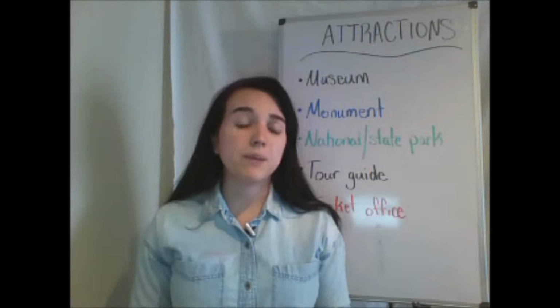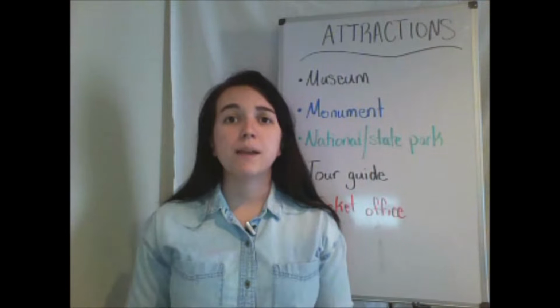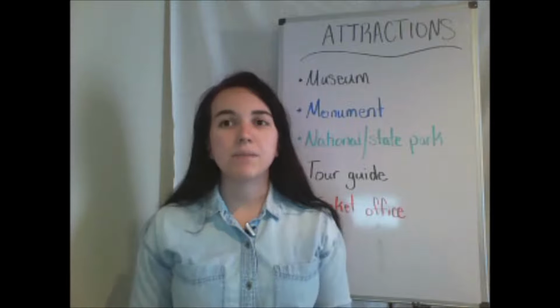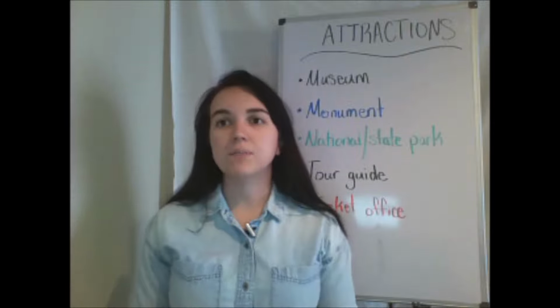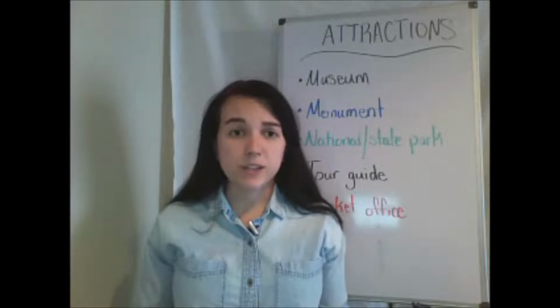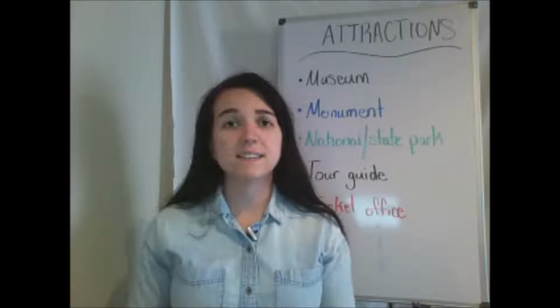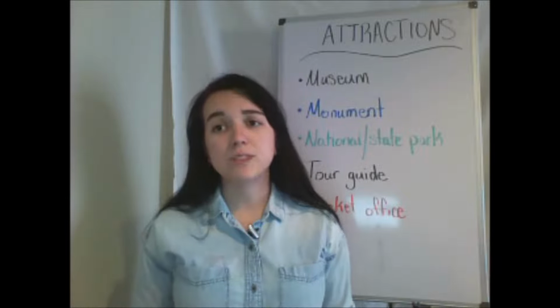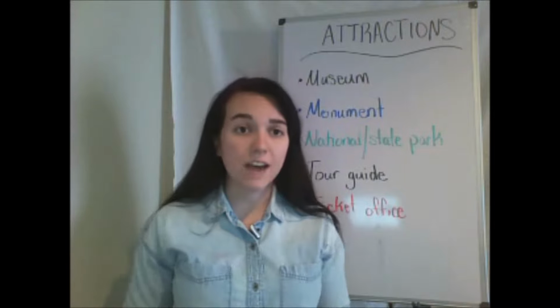A museum might be about a person, might be about a time in history, it might be about science, it might be about art in a specific period. So there are a lot of things that a museum can be about. And there are lots of museums that you can visit when you're traveling.